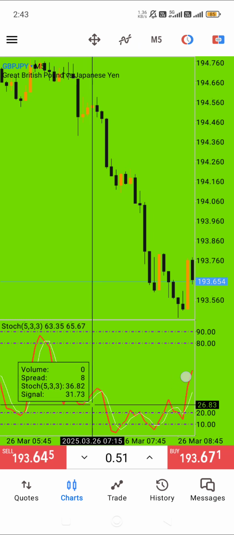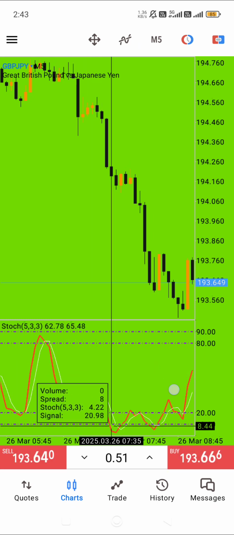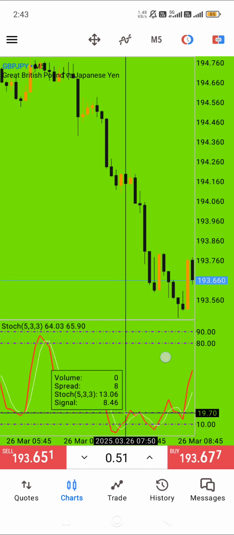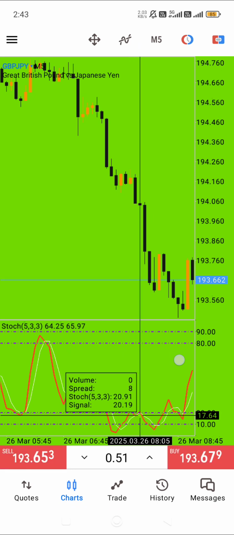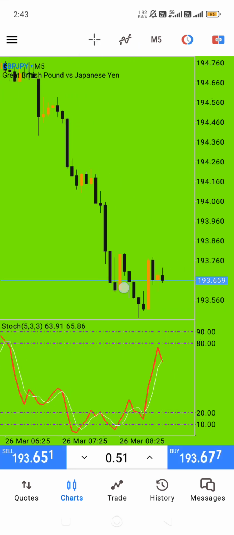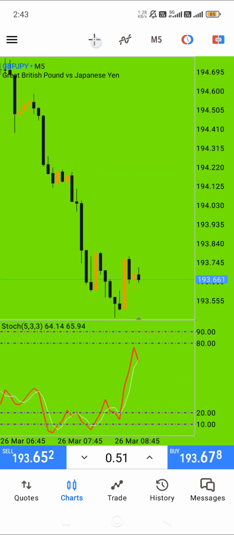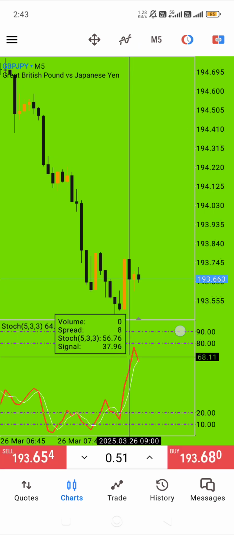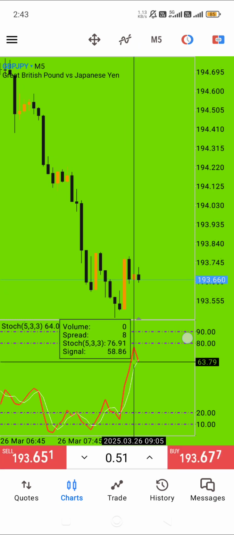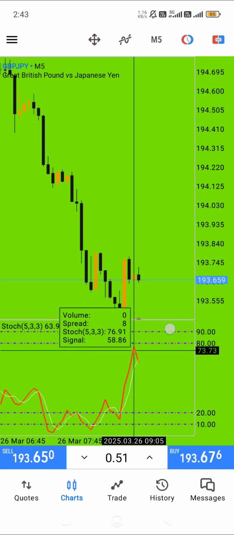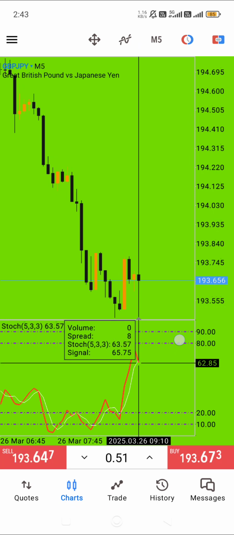This is a good movement, strong downfall, and it touches up here, touches up 10 and 20, then the market will go sell. Just check here, touch up 80 and the market will go down, like that, a strong sell position.